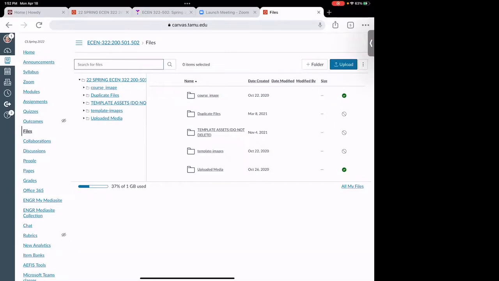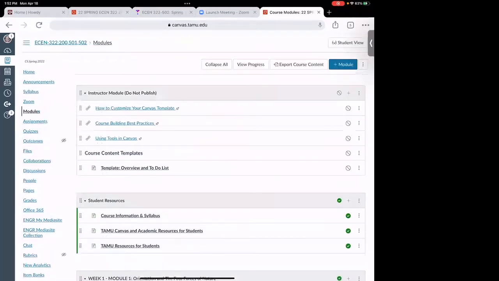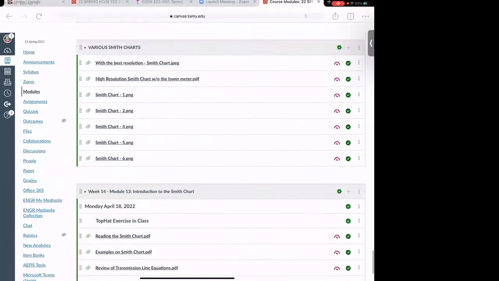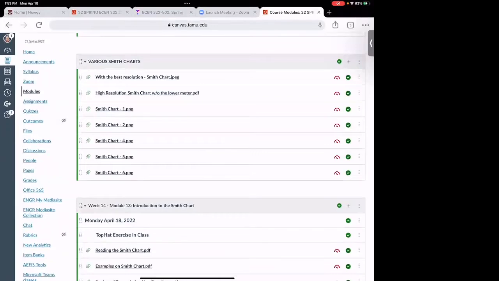When you go to modules, and also in files, I'm trying to use the same kind of arrangement in the files that we have in modules. Number one, we are going to introduce the Smith chart today, and I gave you different options, and you're going to see what we are talking about.